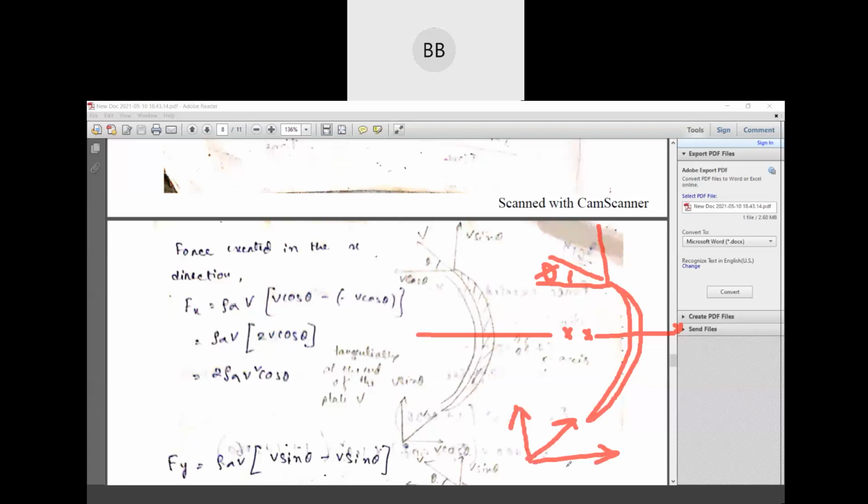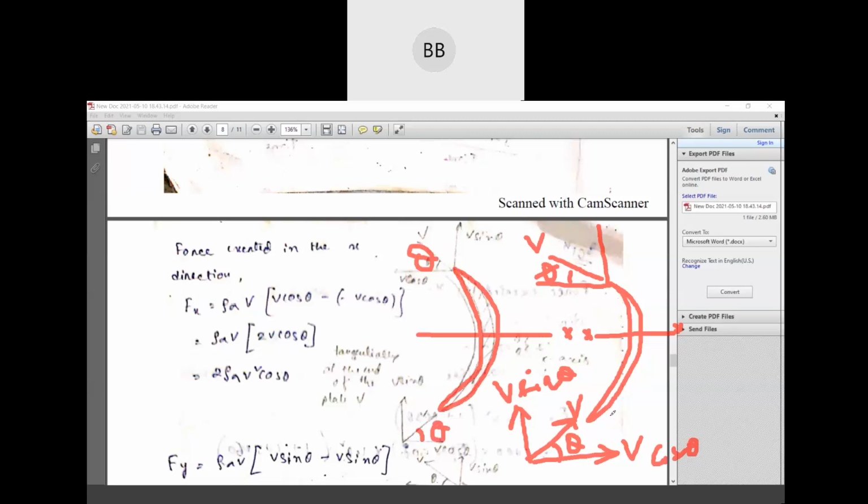We have to resolve into two components. If it strikes at theta, here's the velocity, then v cos theta here, and here is v sin theta. So when it goes out, it makes an angle phi. If it is symmetric, then it makes the same angle, both angles theta.